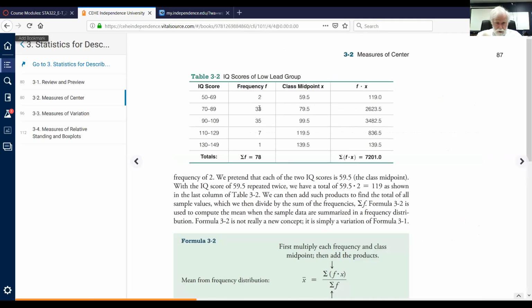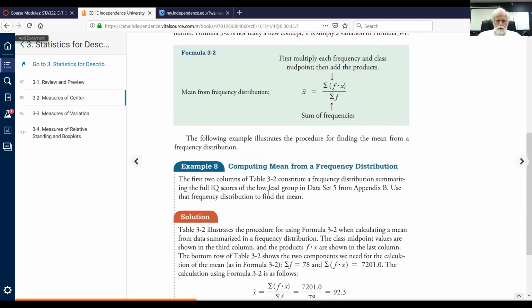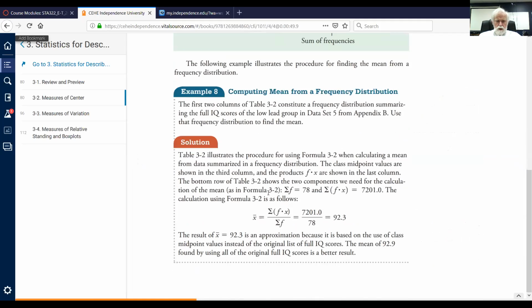The midpoint is sort of a measure of the mean of the 33 values in the 70 to 89 range and the 35 in the 90 to 109 range. If we multiply that by the midpoint, we get a number that gives us an approximation, but it's a quick means of looking at another way of looking at the center of a data set.